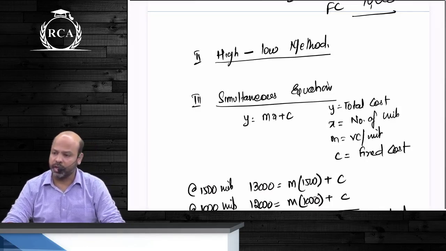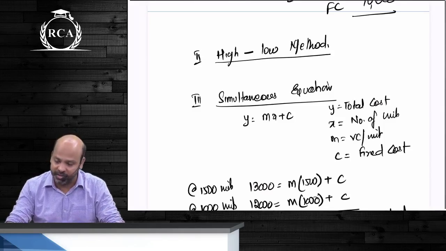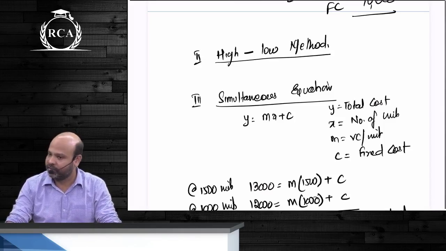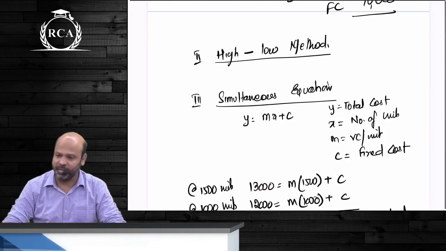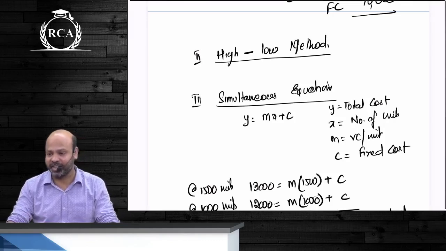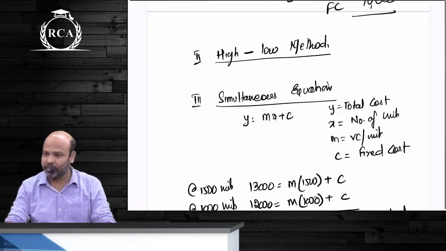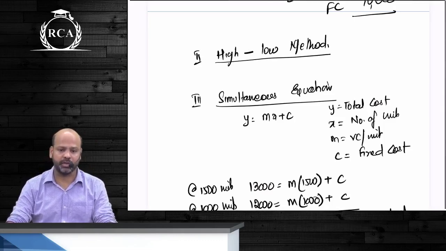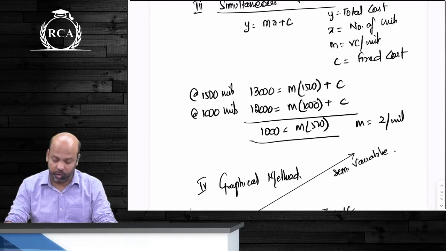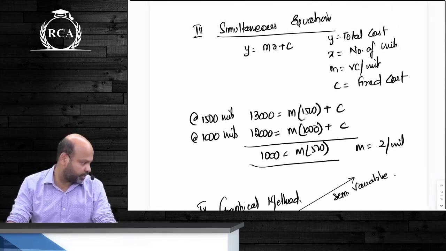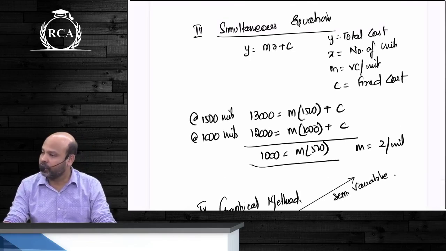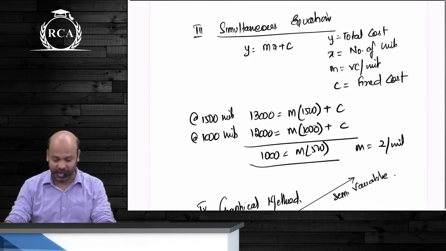If the total cost is given for multiple activity levels, we should consider the highest and the lowest activity level for computation of variable and fixed cost.